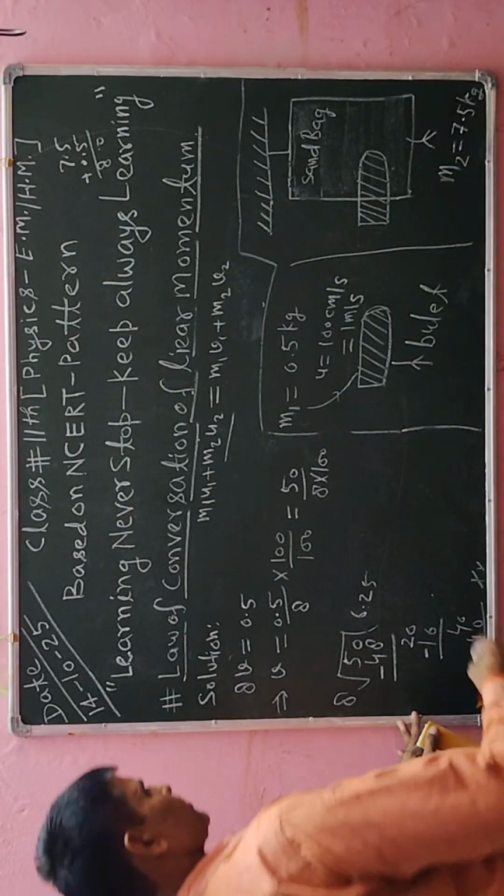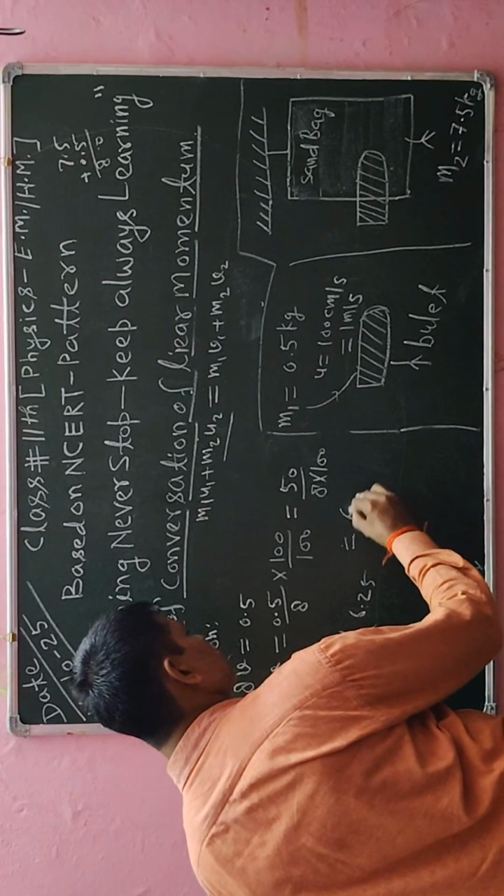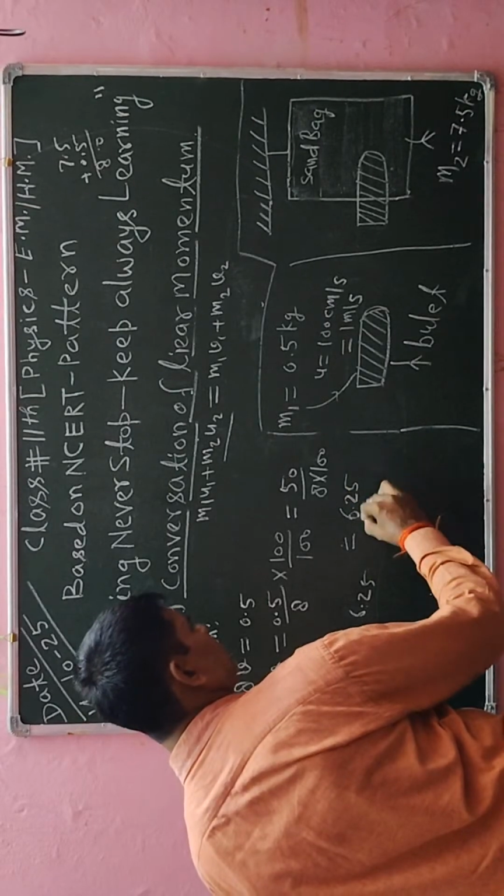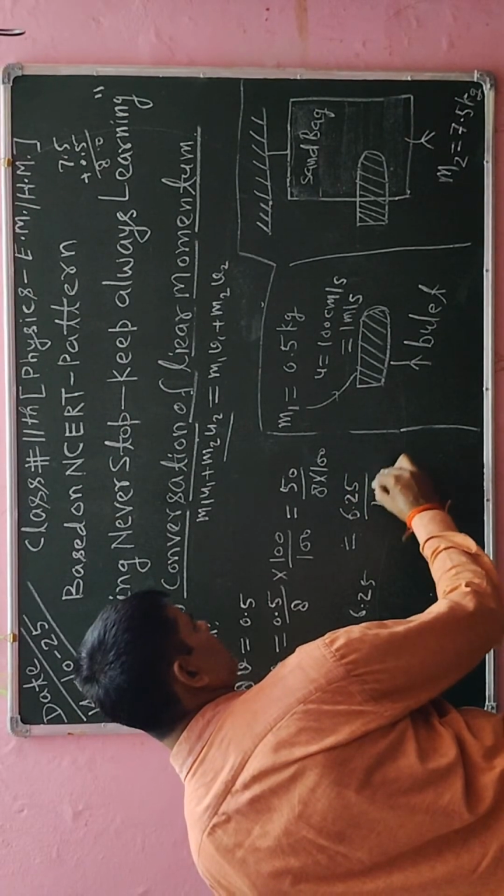So after simplification I can write that it is 6.25, and again divided by 100.